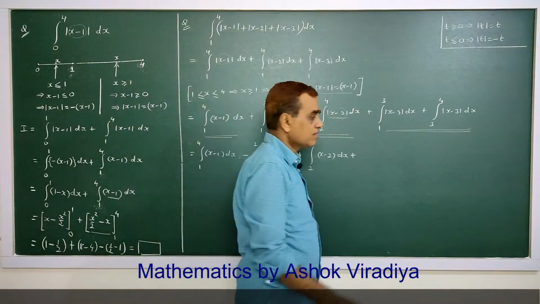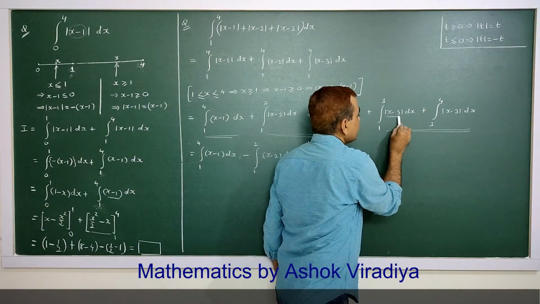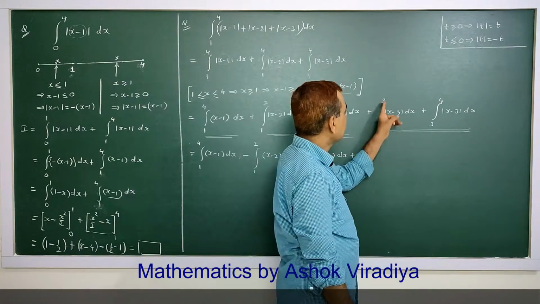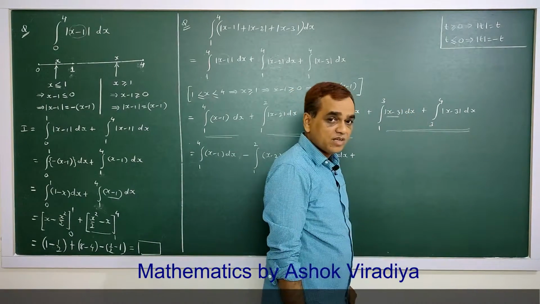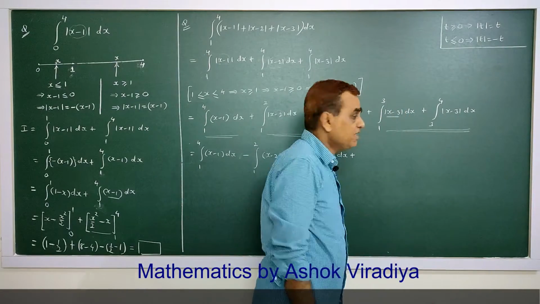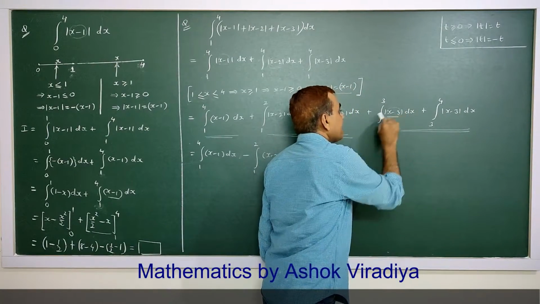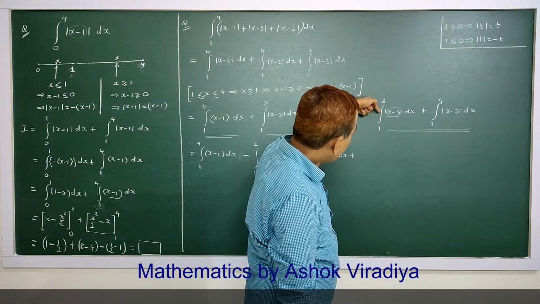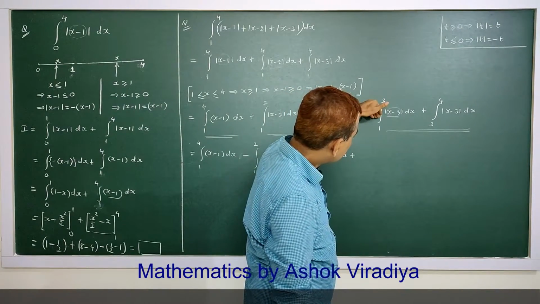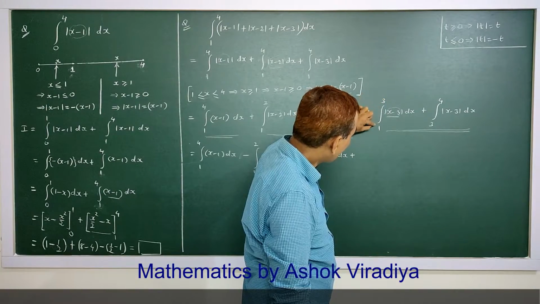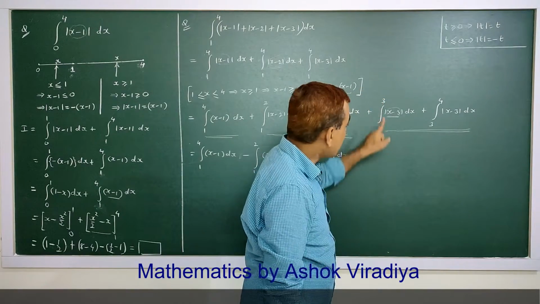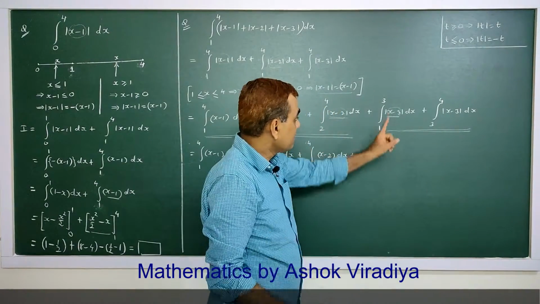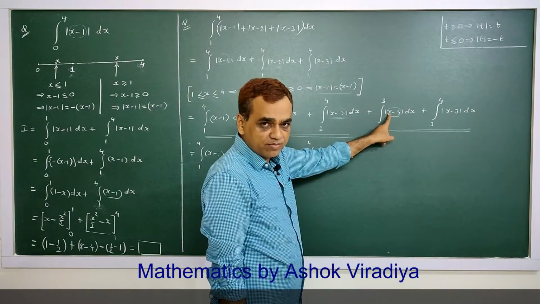Now here, at 3 it is 0. So that's why we separated at 3. Now in this interval, we want to check the sign of x minus 3. So here values of x are less than 3. X belongs to closed interval 1 to 3. So x is less than 3. The mod x minus 3 is negative.